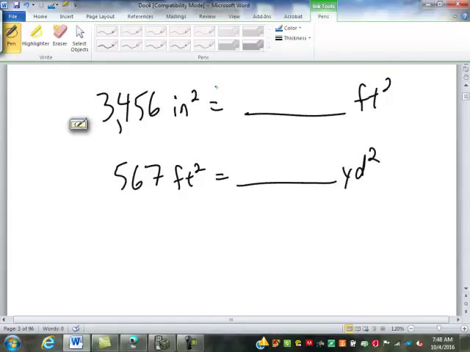Normally going from inches to feet, we would divide by 12. So this is square inches to square feet. So we're going to divide by what? 144, 12 squared. That comes out to be 24.